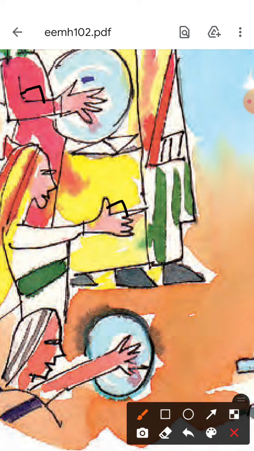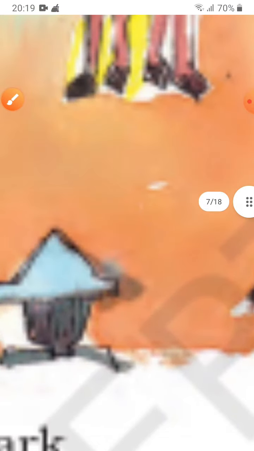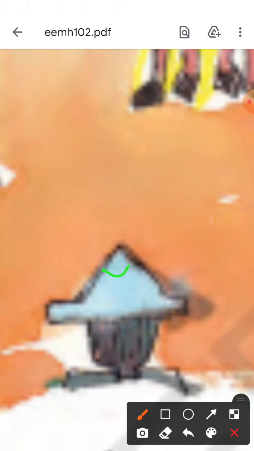If you want to mark angles which are more than a right angle with green color, it should be in the hat of the man. Here it is greater than 90 degrees, that means greater than a right angle, with green color.